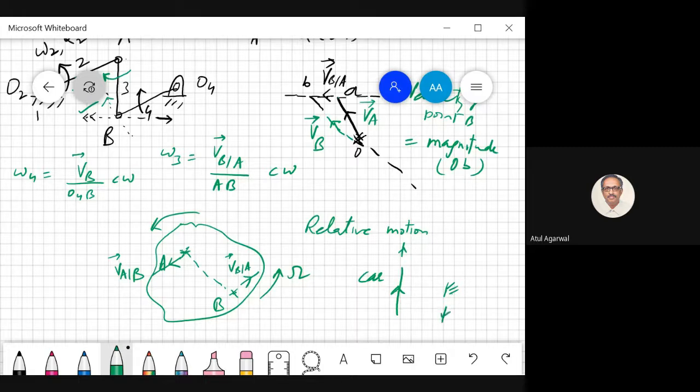This is what you must have seen when you are moving in a train from a platform. Because you start seeing the other fellows, then you realize that only you are moving. But if you are focused on him, you will find that that fellow is going in the other direction. So this is what is relative motion. So observer at A will say he is going like this.